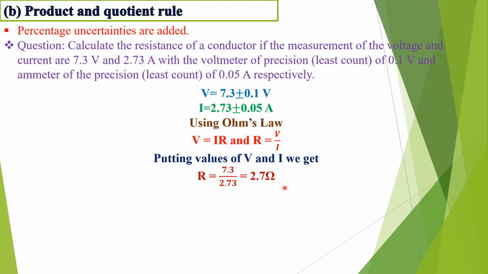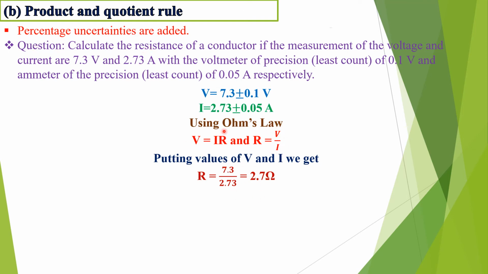So now we have to calculate the absolute uncertainty delta R. Here we will apply the product and quotient rule. We know that according to this rule, when values are multiplied or divided, we add the percentage uncertainties.